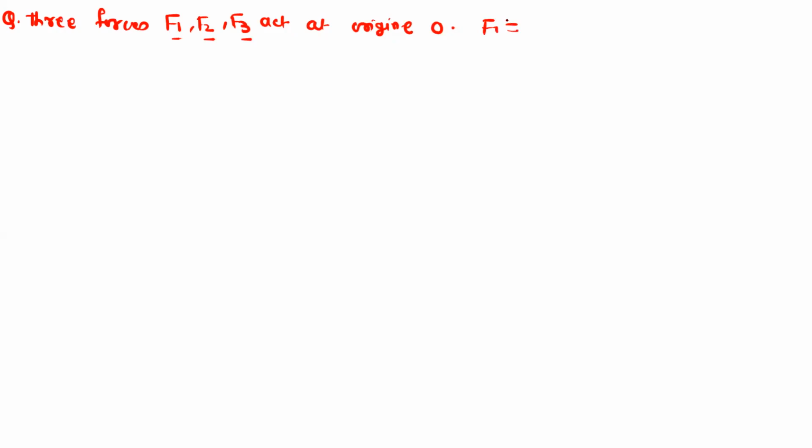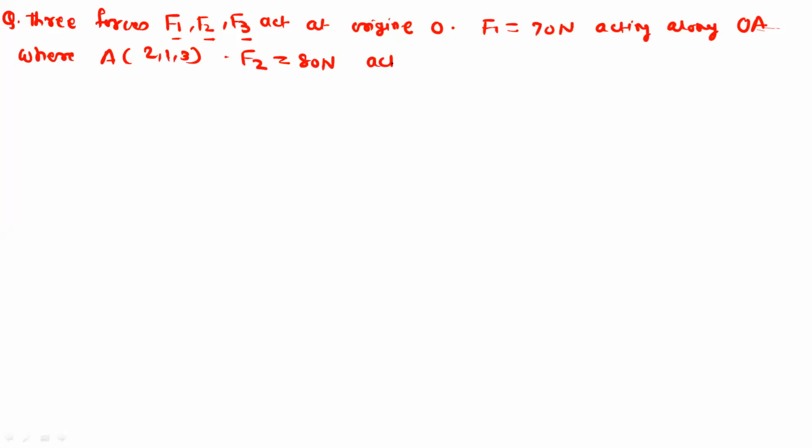F1 is equal to 70 Newton and it is acting along OA, where A is (2, 1, 3). The second force F2 is equal to 80 Newton and it is acting along the direction OB, where the coordinates of B are (-1, 2, 0).